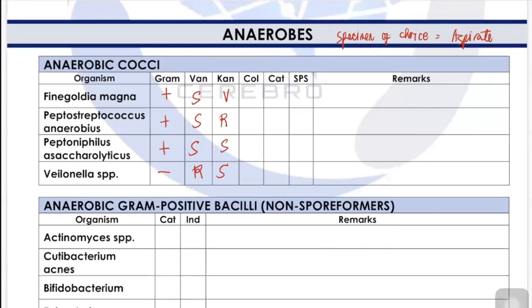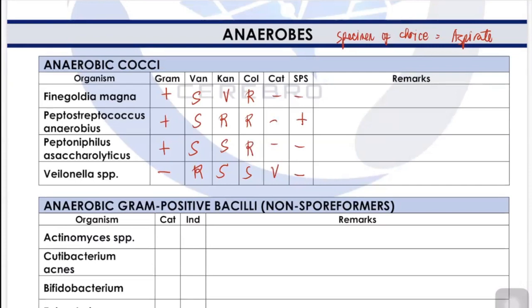Baliktad, no? If ito lang tatandaan natin, if sensitive yung mga gram positive sa vancomycin, resistant naman sila sa colistin. Tapos sensitive naman yung gram negative. Catalase negative sila, variable however yung Veillonella, and SPS susceptibility negative sila except for Peptostreptococcus anaerobius.